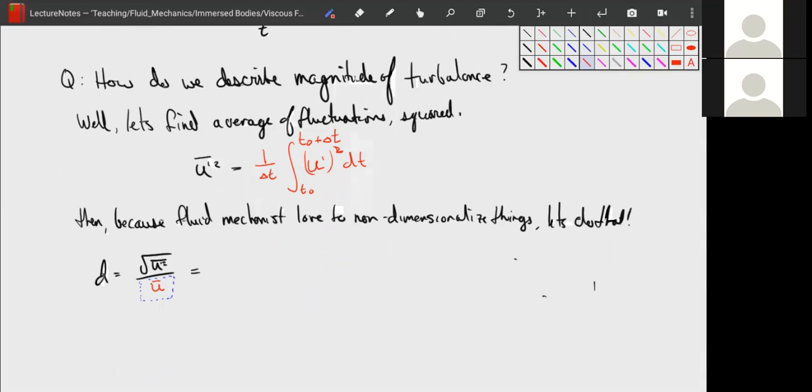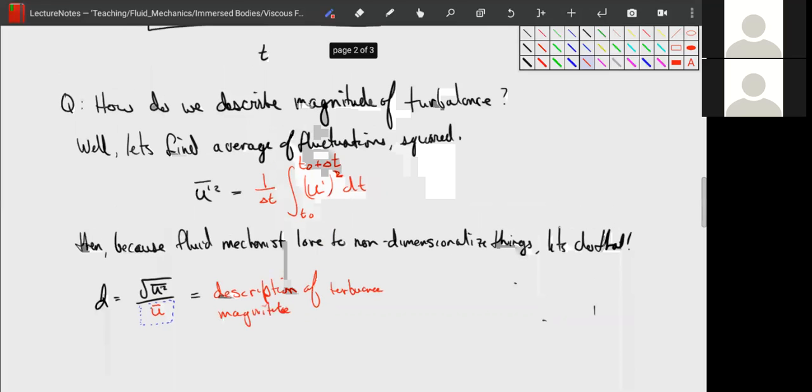And the result is a description of turbulence magnitude. And it kind of makes sense, right?